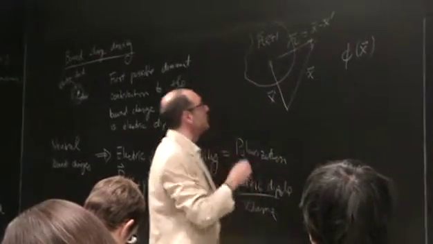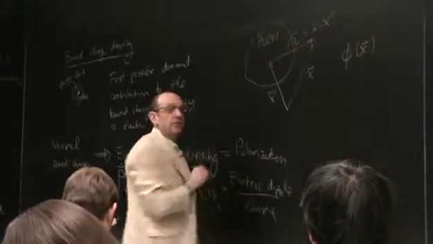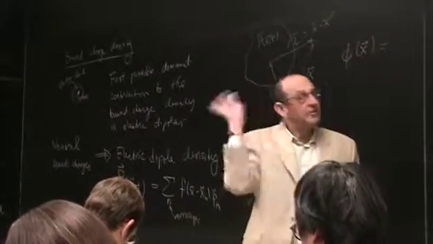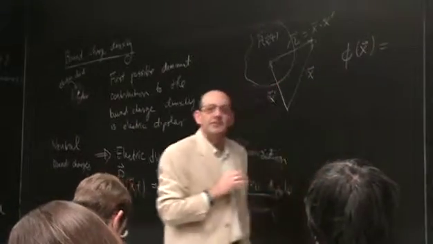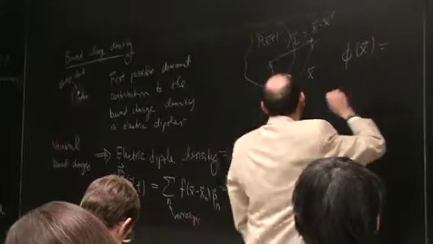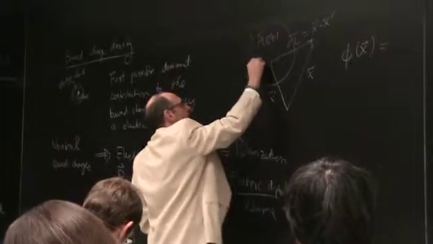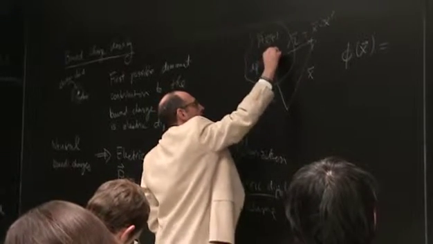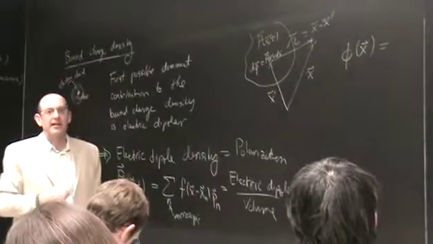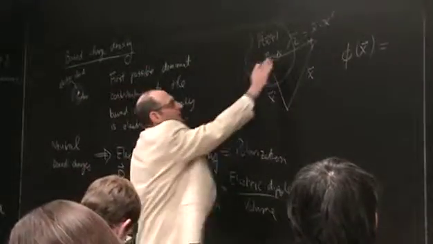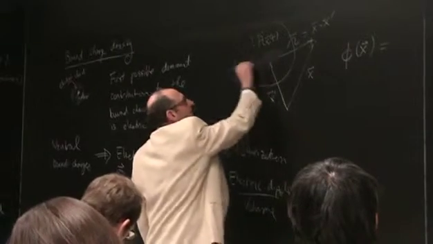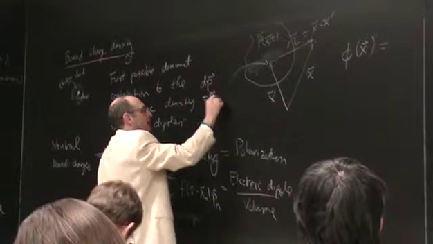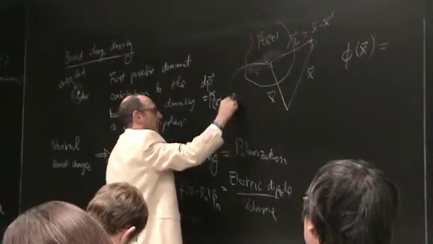Well, it's a superposition of all the dipolar potentials from each coarse grain, and we remember what the dipole potential is. There's a little dp here, which is big P at position x prime, d cubed x prime.